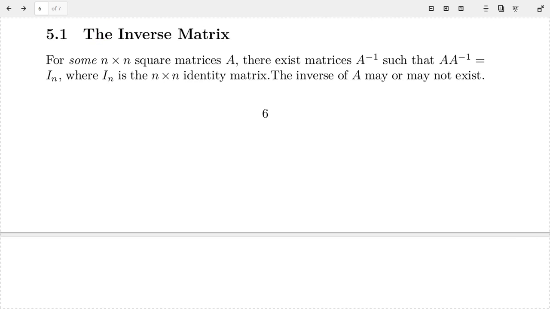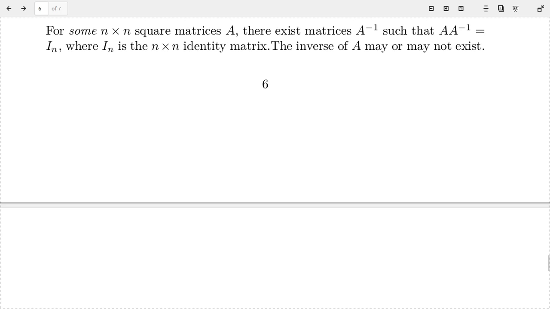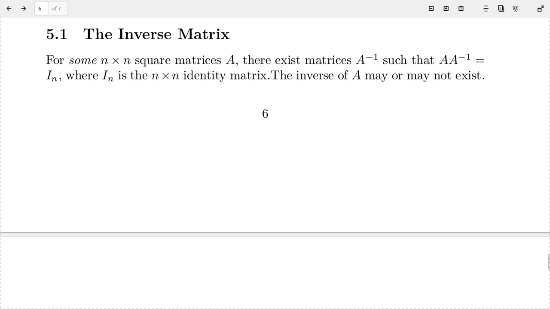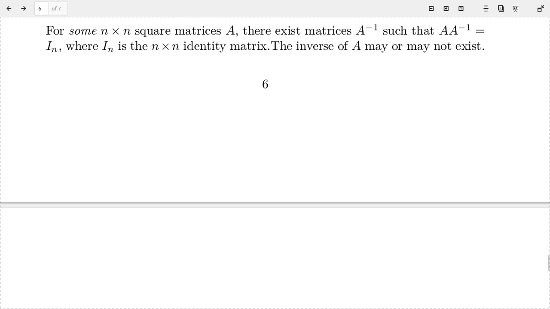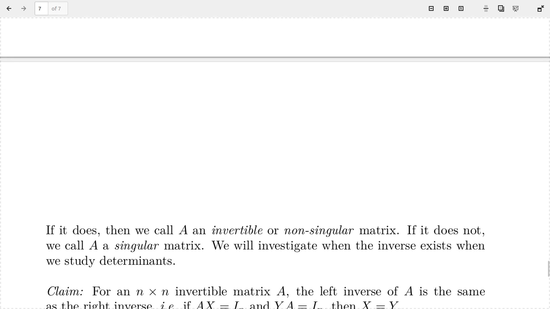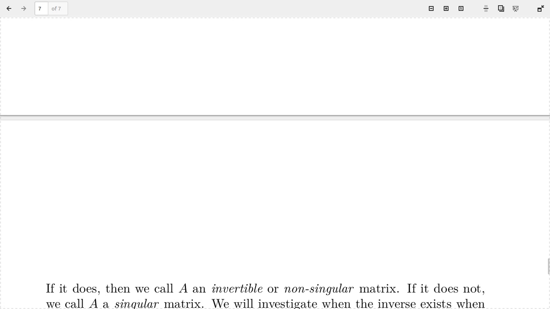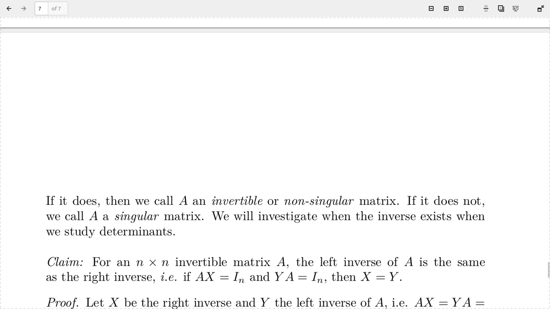All right, cool. So the inverse matrix. Let's say you have a square matrix A and you have a matrix X such that A times X equals I, or you have a matrix Y such that Y times A equals I. You call X or Y the inverse of A. Now, it may be that A does not have an inverse, in which case you say that A is a singular matrix.